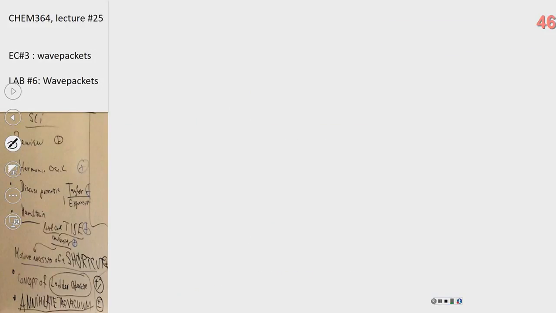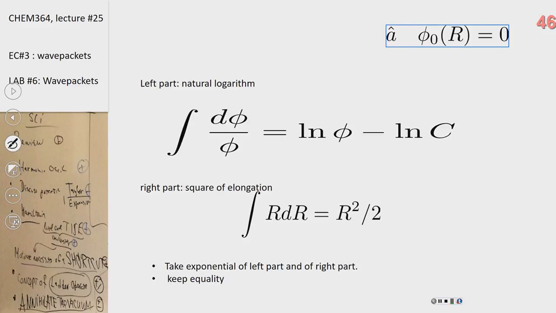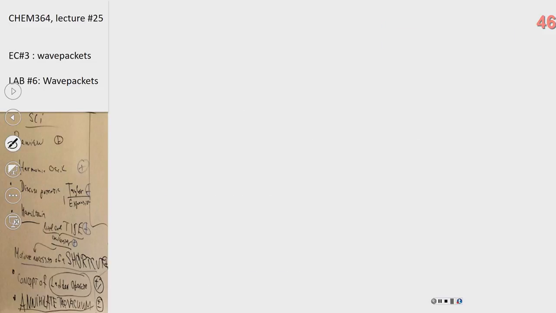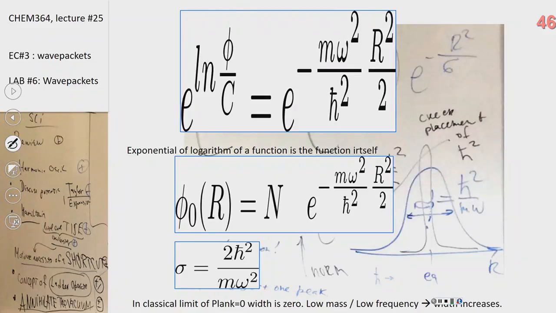And then, but logarithm? We do not like to plot logarithmic functions. We need something more real, and here is the logarithm of the unknown function. And we need the function itself. So why don't we use the left and right parts of the equation as a power of exponential? So if you do it this way, this is what we get on the left, here is what we get on the right.